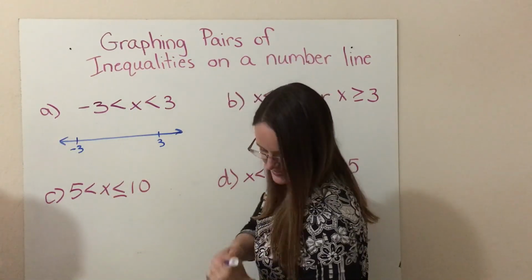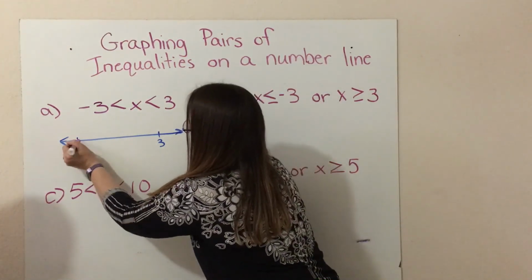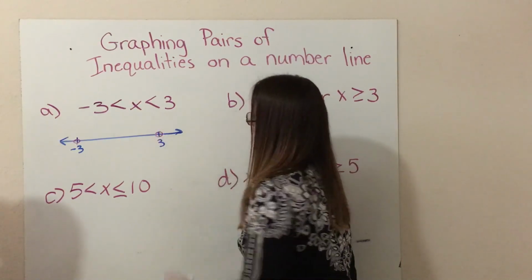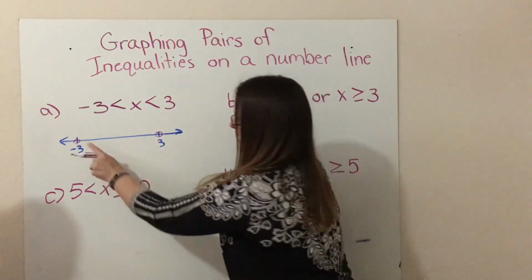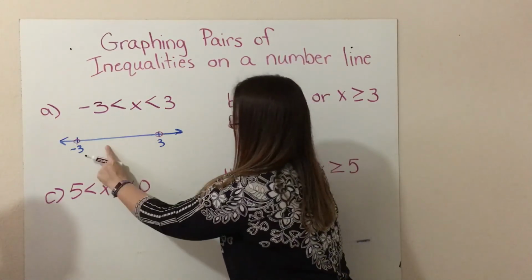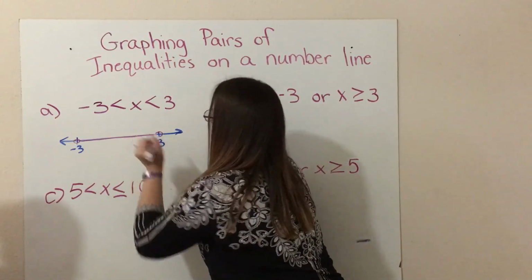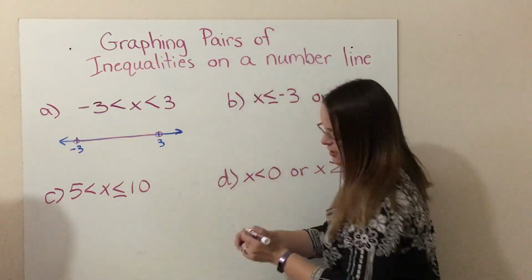Let's do this different color again. Open dot on negative 3. What about positive 3? Also open dot. And is x in between those values, meaning x is bigger than negative 3 but smaller than 3? Yes, it is. So we'll fill in the in-between there. That's the answer to A.